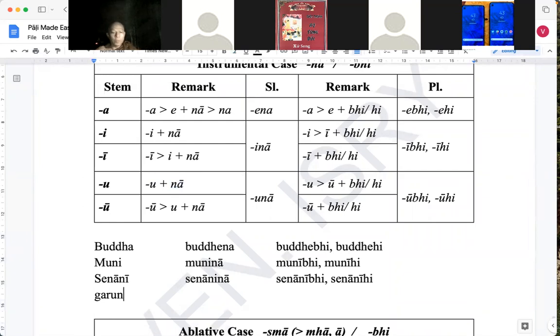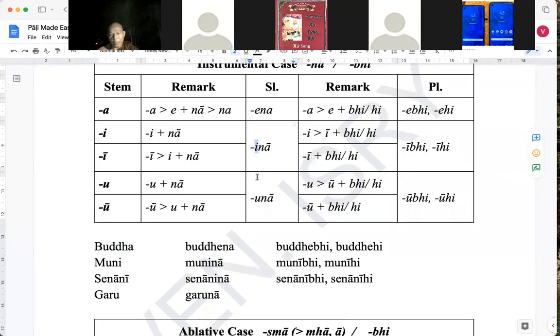Garu. The stem is Garu, but with the instrumental case, Garu Na. And for plural, before the plural sign, short vowel becomes long. That is why, in plural, before case ending, all of the vowels are long. So E Bi, E Hi, here U Bi, U Hi. But in singular, before the case ending, all vowels are short.